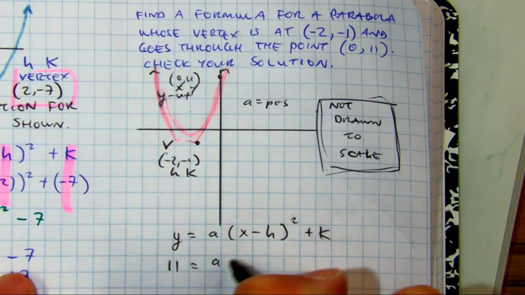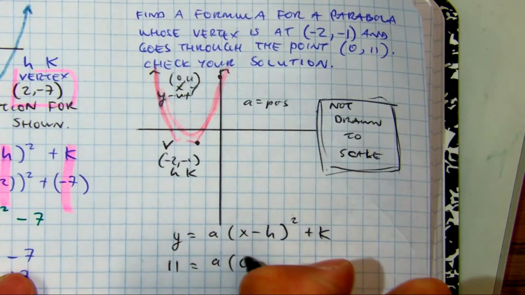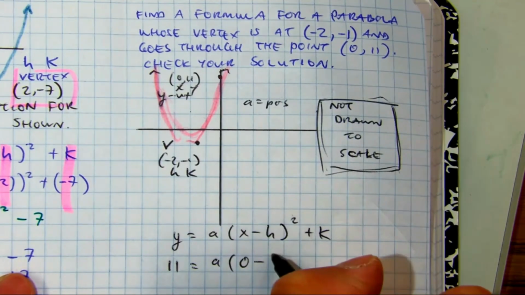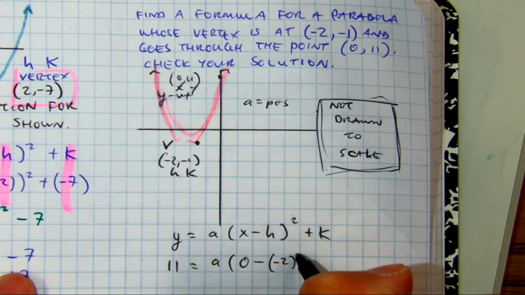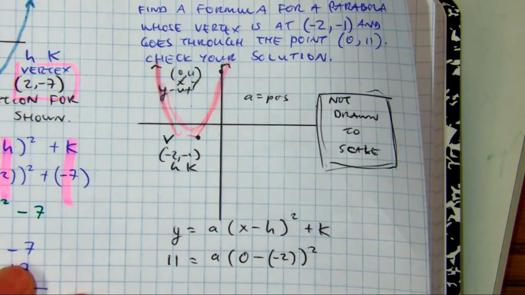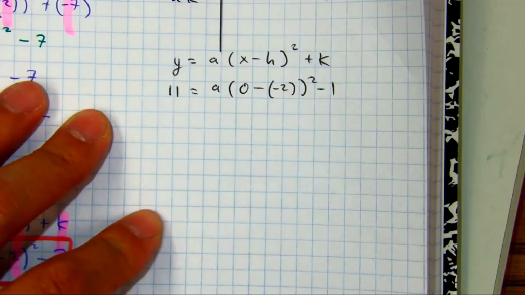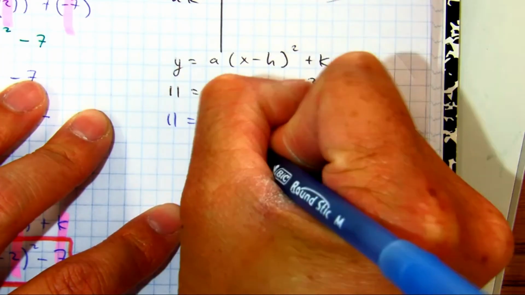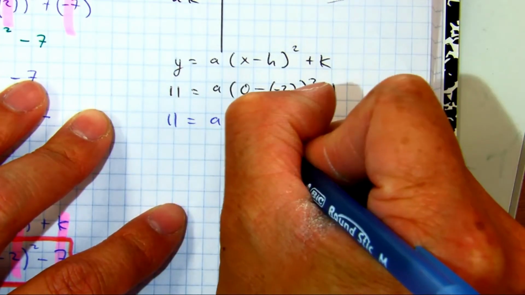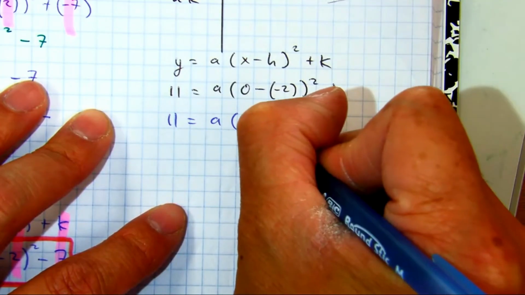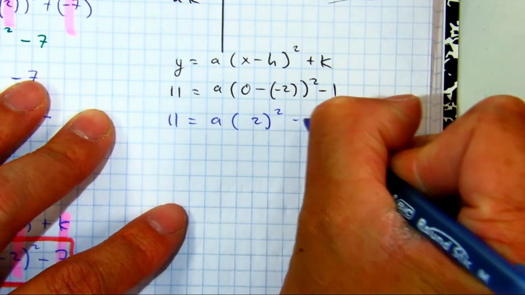X, H, and K value. Solve for A. Class, 0 minus -2, and 2 squared.